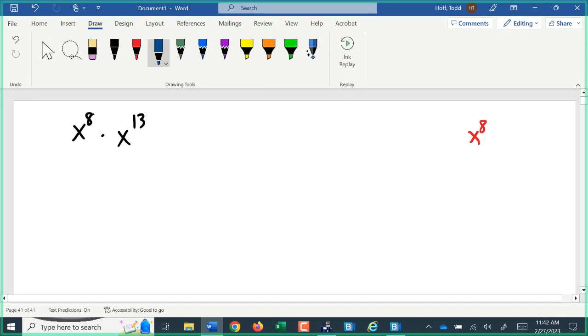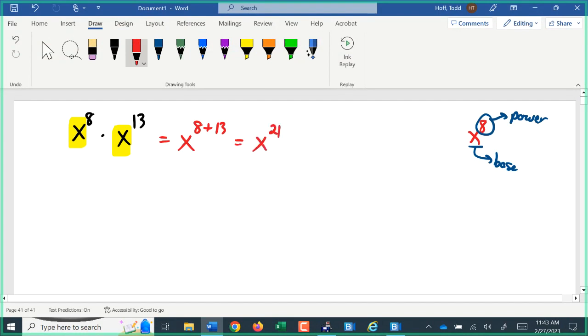So here, x to the 8th, x is the base of the exponent, and 8 would be the power of the exponent. And so when we're combining, multiplying, or dividing exponents with the same base, in this case, both of these have a base of x, when we're multiplying, we would add the powers. So this is going to be x to the power of 8 plus 13, or x to the power of 21.